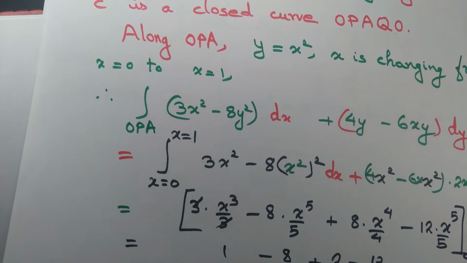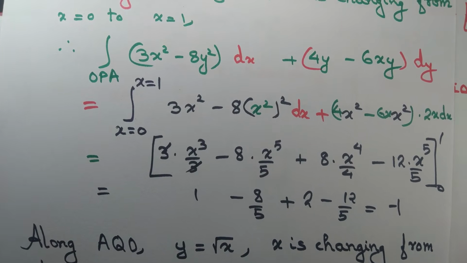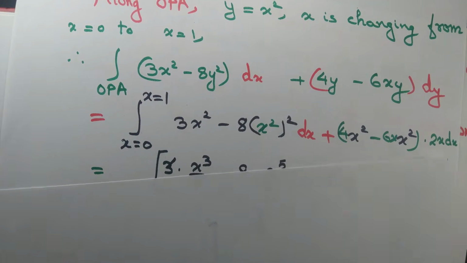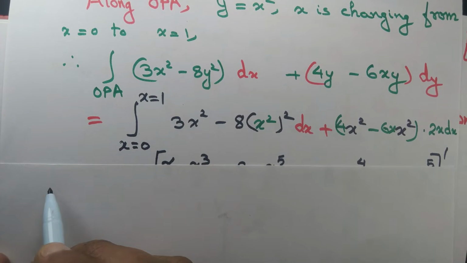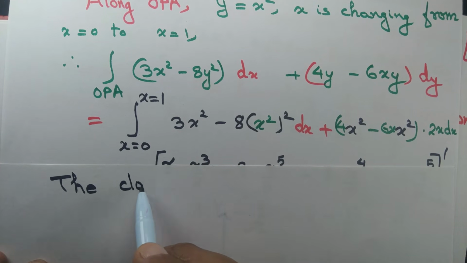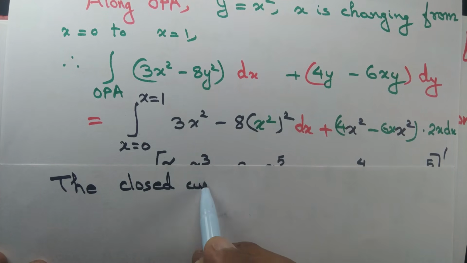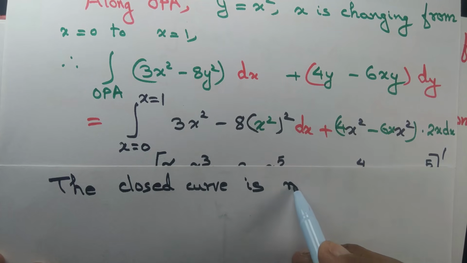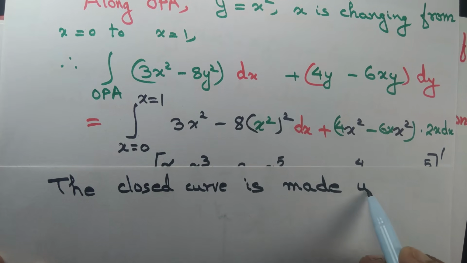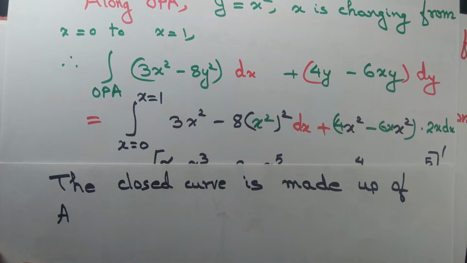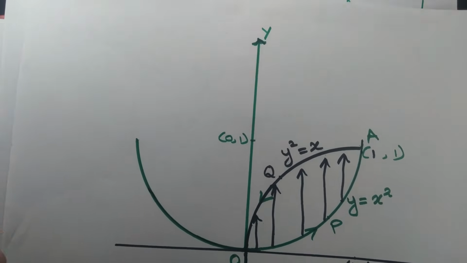Along OPA, we got the integral equal to minus 1. Now, the curve consists of two portions. Let's look at the closed curve once again.